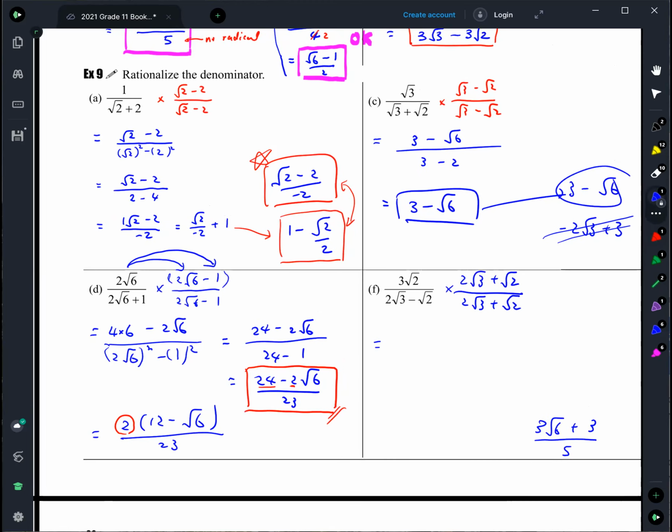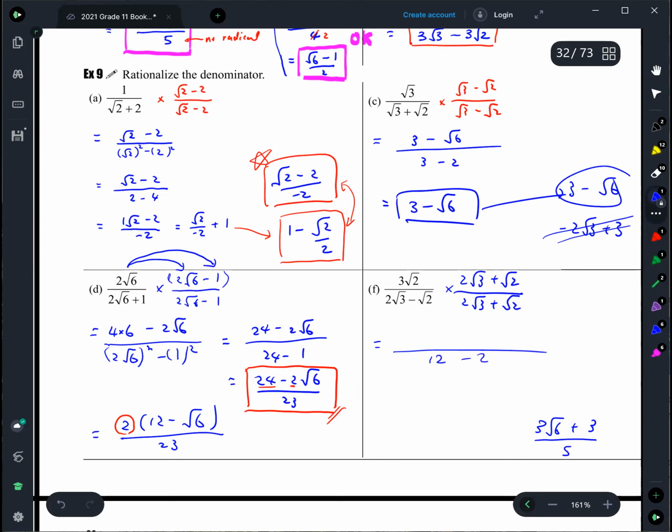All right, last one. The denominator, you square each of them. You get 4 times 3 is 12, minus 2. Numerator, you multiply in, you get 6 √6 plus 3 times 4, 3 times 2.